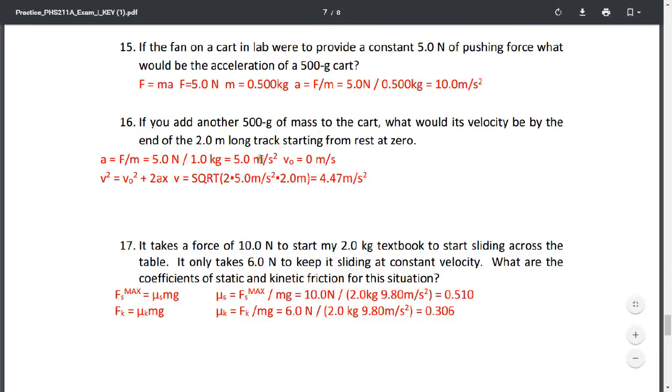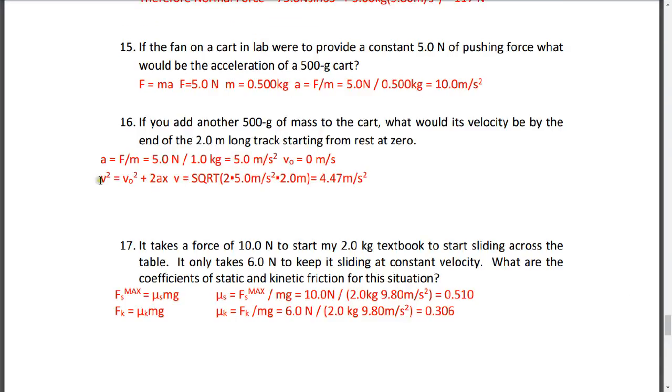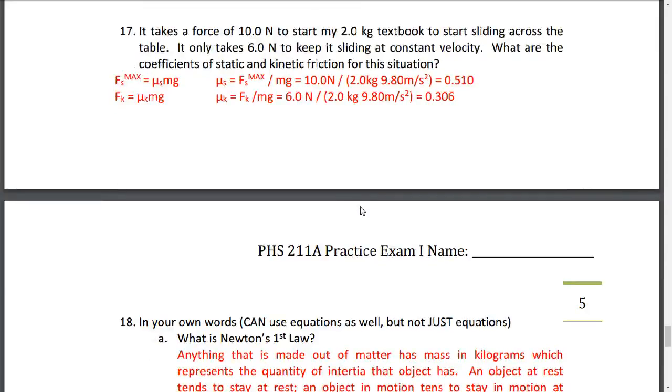I cut my acceleration in half, and now I know my initial velocity is 0, I have my acceleration, I have a distance, so v squared equals v naught squared plus 2ax, v equals the square root of 2ax, and I get 4.47 meters per second. I shouldn't say squared. I was not very good when I was making up this answer key.